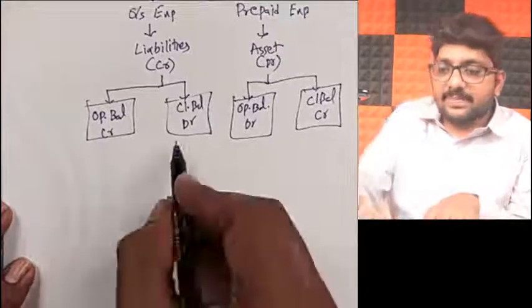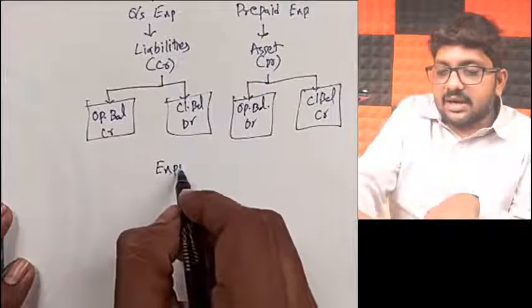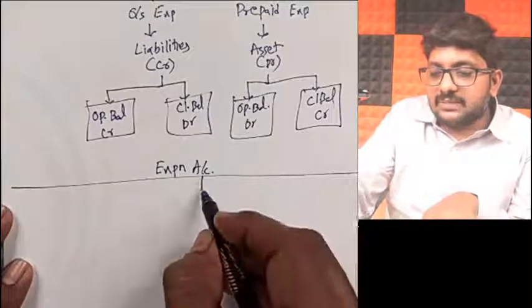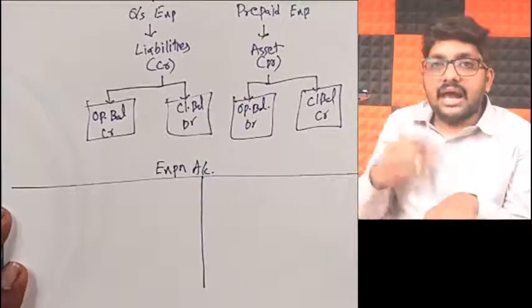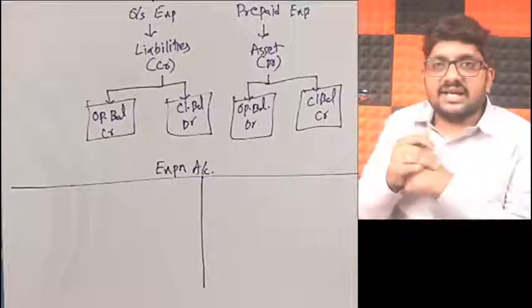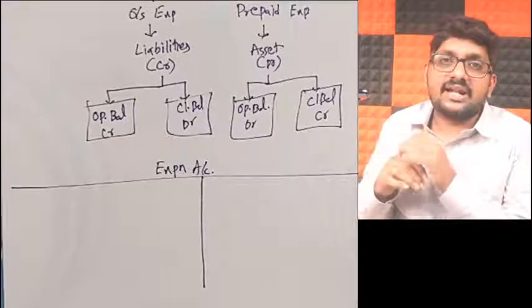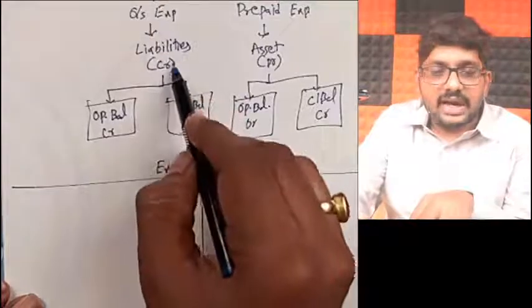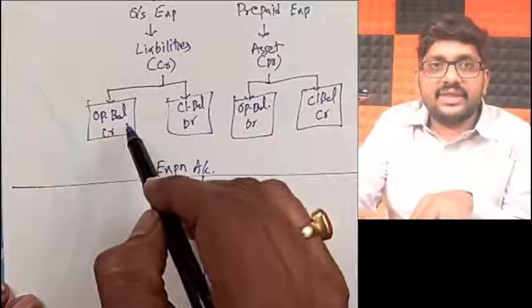It is very simple. If I take any expense account, and this expense account starts with a liability, for example, outstanding expense, outstanding expenses come under liabilities. Liabilities mean the opening balance will be on the credit side.